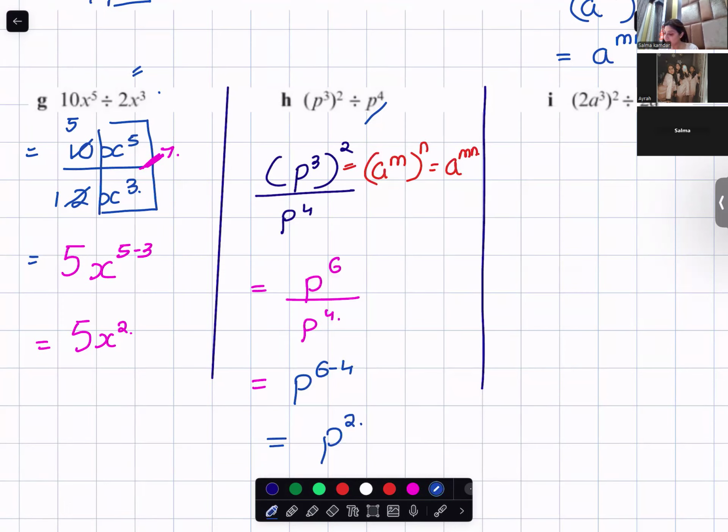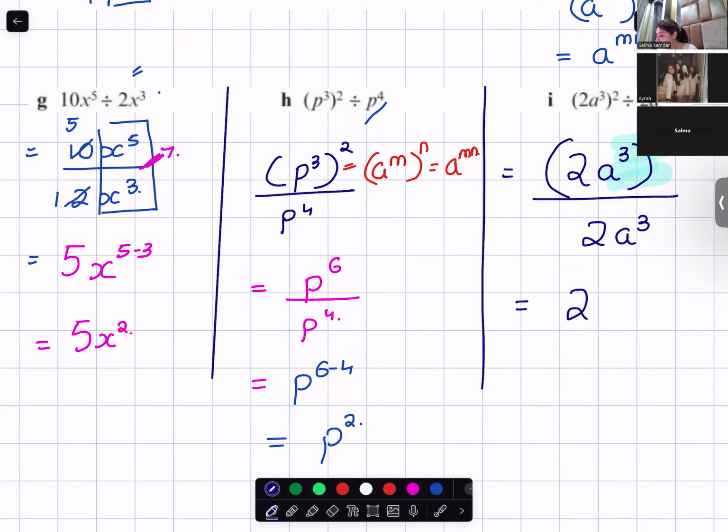Same thing over here. First, you'll write it in the proper form. Becomes 2a cube, the whole square, divided by 2a cube. First, you will apply your law of indices over here. You cannot apply more than one law of indices at one time.